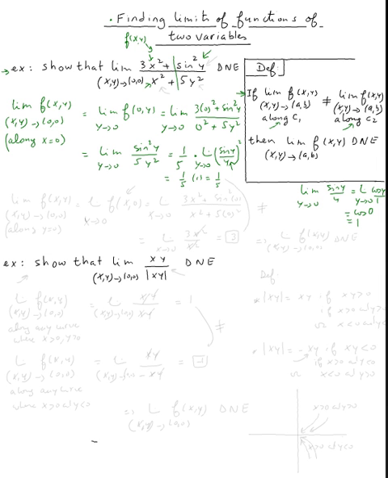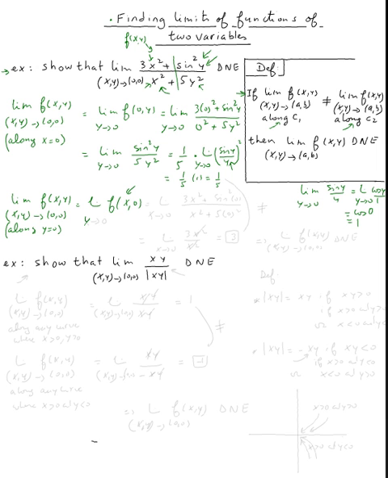Alright, now what would be another easy path? If I plug y equals 0, I notice that I'm going to just look at the left side. Let me write it down here. The limit of f of x,y as x,y approaches 0,0, and I'm going to choose along the x-axis, which means along the line y equals 0. This will be equal to the limit of f of x,0.